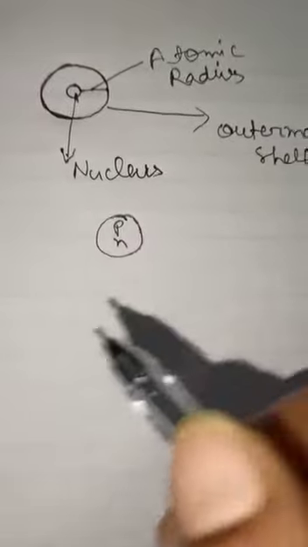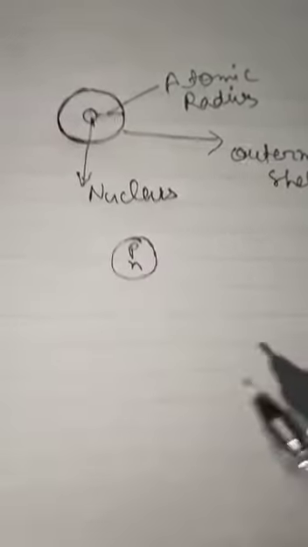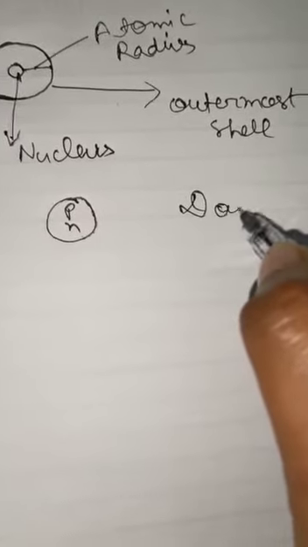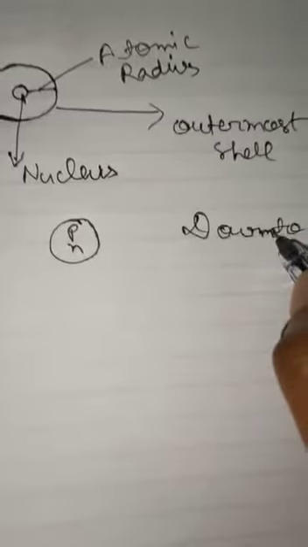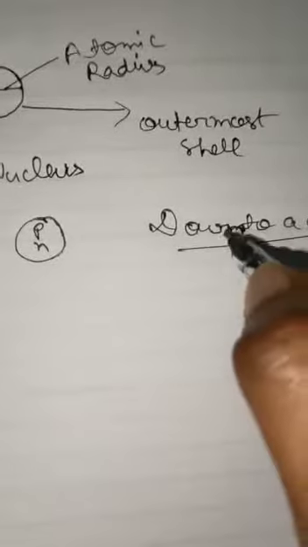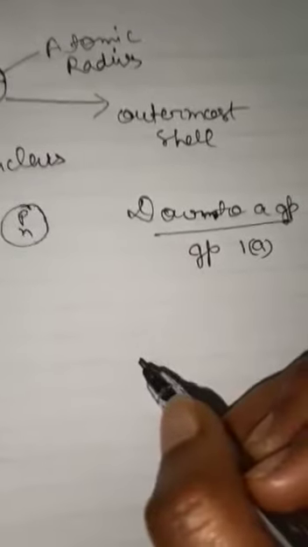Okay, now how does atomic radius vary down a group? Firstly, I am taking the variation in the group, down a group. I am taking here group number 1A, that is the group of alkali metals.